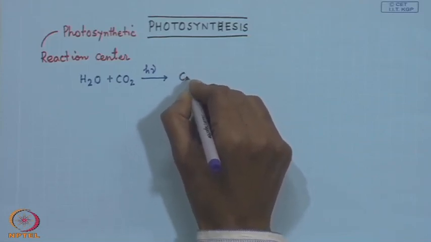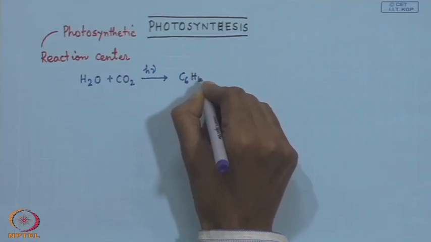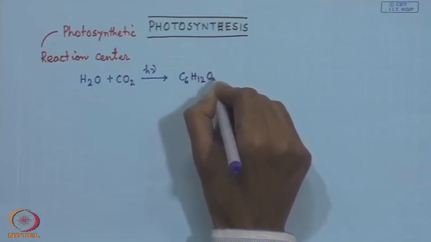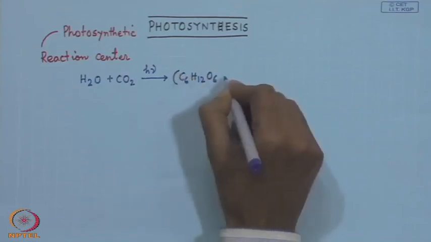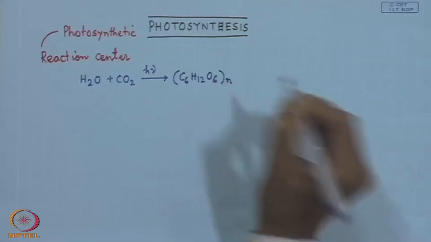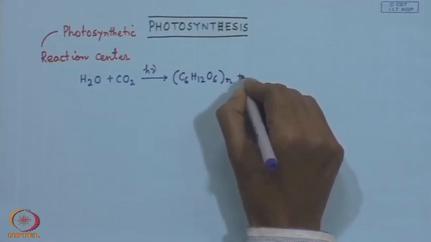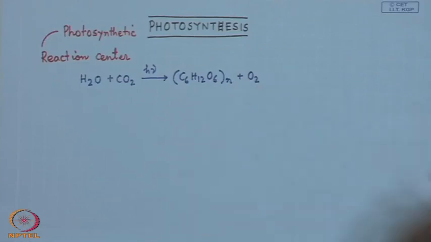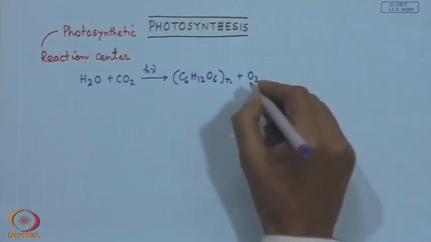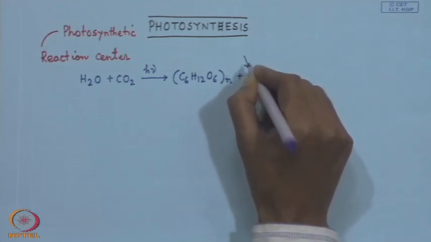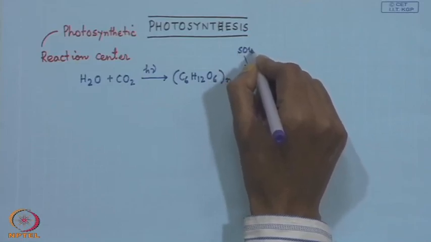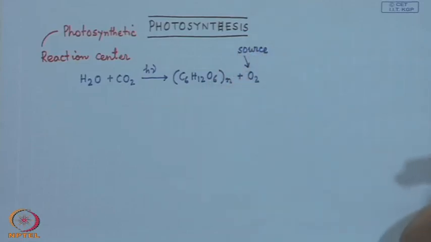Using these we basically get C6H12O6 in its different forms, and oxygen is liberated. Starting from these two species, water and carbon dioxide, we find that O2 is liberated, and the source of this O2 has also been established.